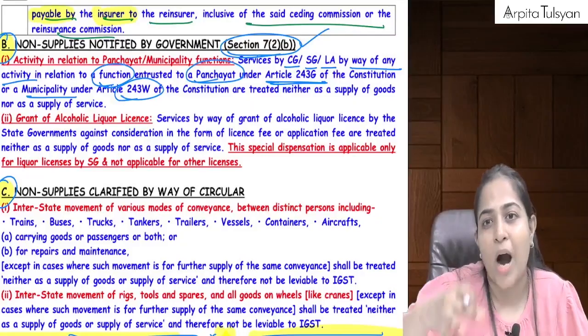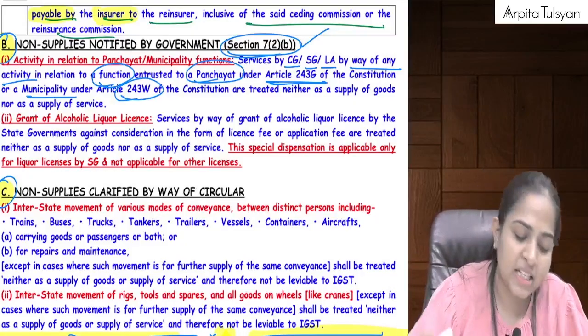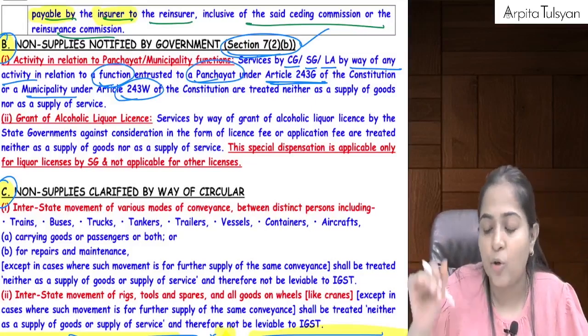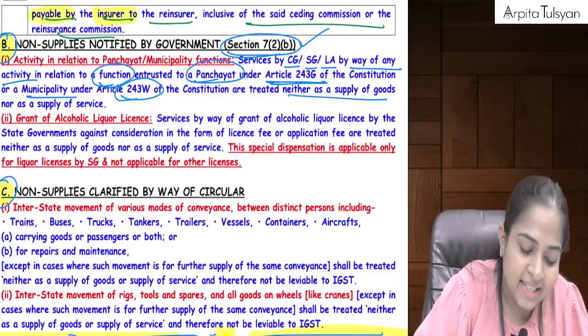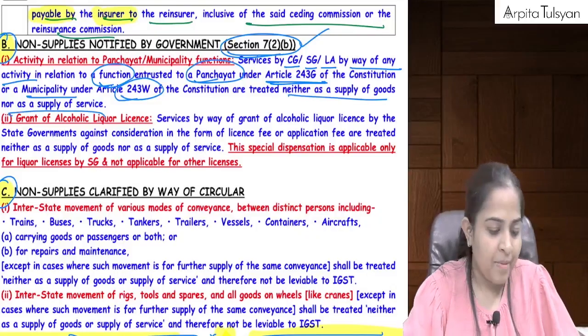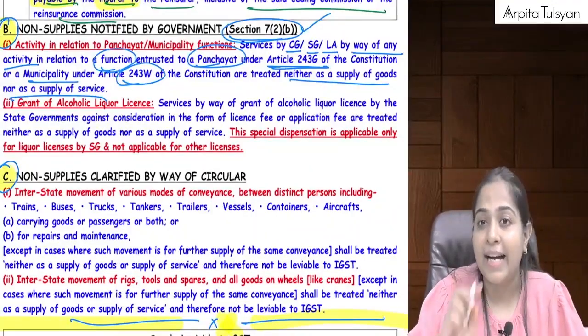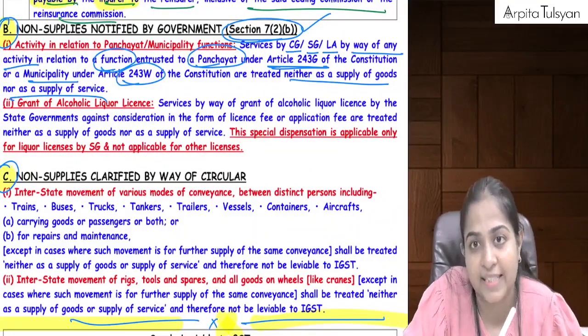Means so and so articles of the Indian constitution say that these are the work of the panchayat and these are the work of the municipality, and if those services are discharged by the government or local authority, then that is considered neither as supply of goods nor as supply of services. Okay, this is one thing. We will again have the impact of this when we do the exemptions and the charge of GST chapter.